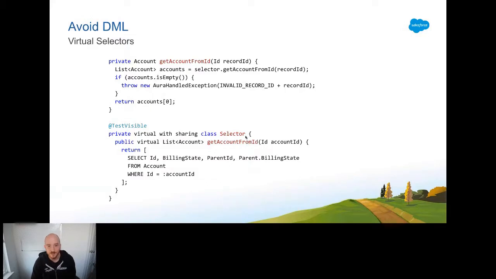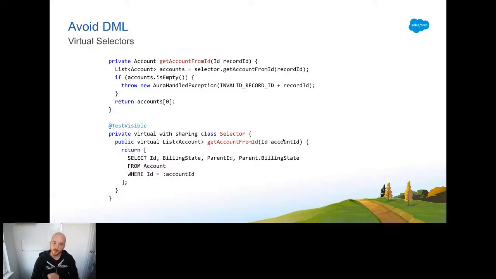And this selector class is a private virtual class that's within the account controller itself. This basically acts as the insulating factor to insulate your controller logic from interacting with the database at all. In this case, the selector class is just responsible for querying for the account that matches this ID.